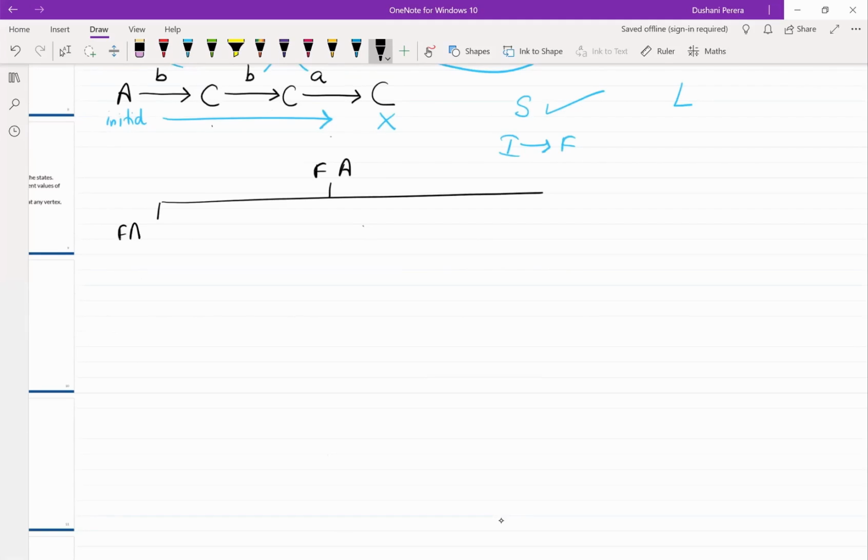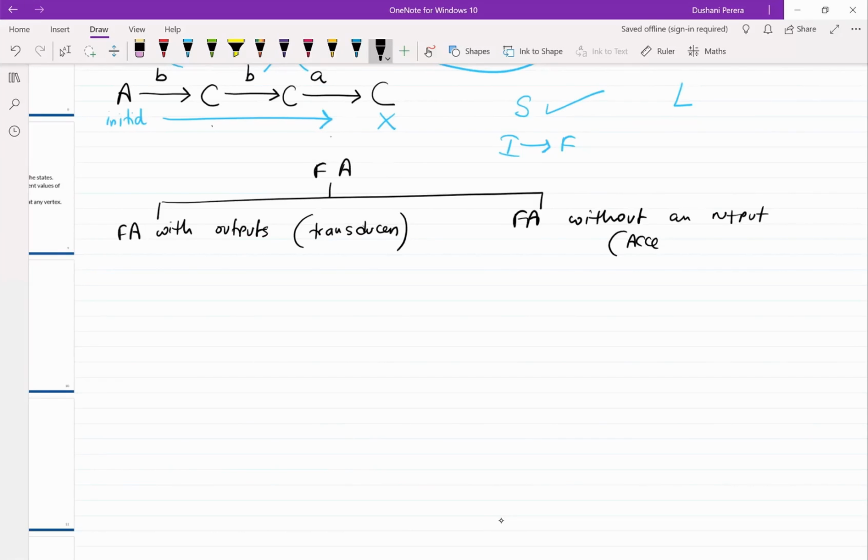We have finite automatas which generate an output, and there could be automatas which do not generate an output. The ones which generate an output are called transducers, and the ones which do not generate an output are called acceptors.